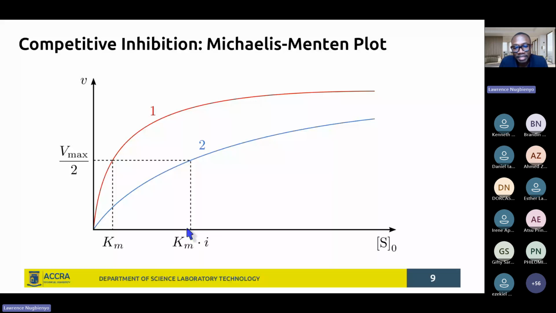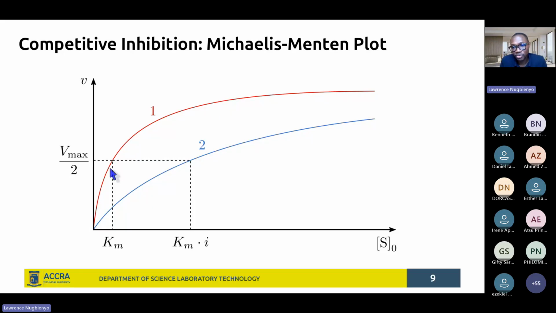That also means that you will need more substrate molecules, so the Michaelis-Menten constant is higher than the Michaelis-Menten constant for the uninhibited reaction.